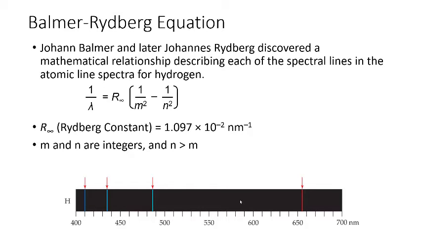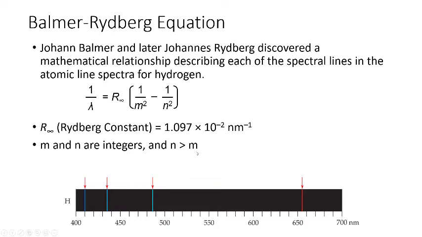Johann Balmer and later Johannes Rydberg discovered a mathematical relationship describing each of the spectral lines in the atomic line spectra for hydrogen. They realized that when you excite hydrogen, you get these 4 individual lines, and they knew that each of those lines corresponds to a specific energy.